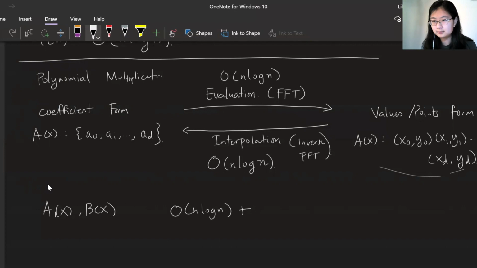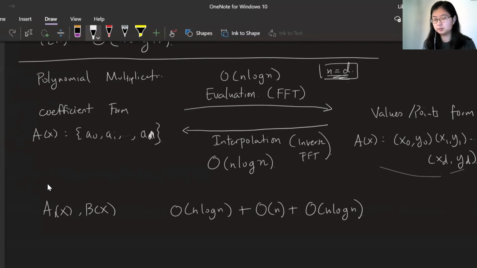Let's say n here instead. Let's just note that n is equal to d here. All right. And once we get to the values form, we do this for d points or n points. And this is sort of just arithmetic, which will only take O of n time, right? And then we come back through interpolation and again spend O of n log n time.